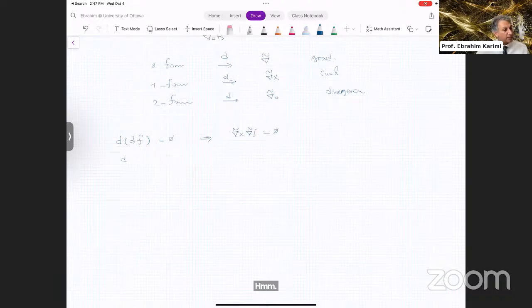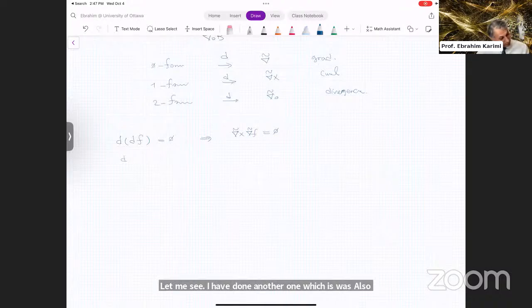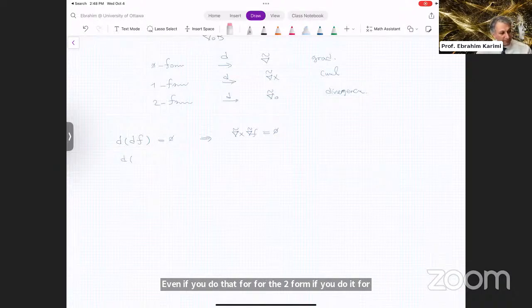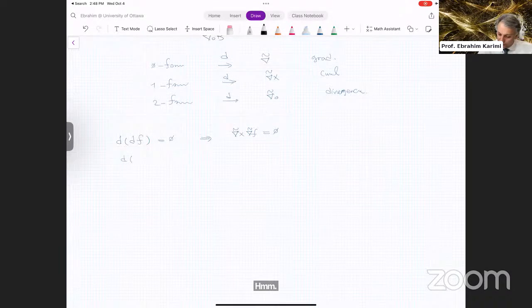Okay, or the other one. Let me see. I have done another one which was also very beautiful. Even if you do that for two forms, and the two forms should have a specific function, d of omega that I define is equal to zero.